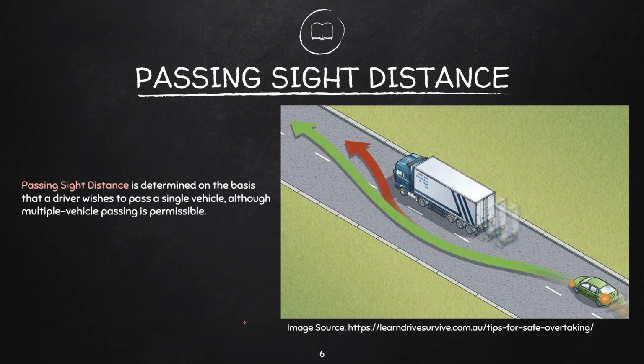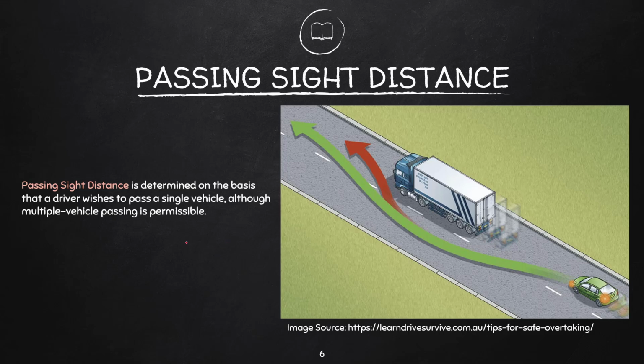Passing sight distance, when we define it, is determined on the basis that the driver wishes to pass a single vehicle, although multiple vehicle passing is permissible. So for the design or the computation of passing sight distance, we normally compute it for overtaking or passing only one vehicle.